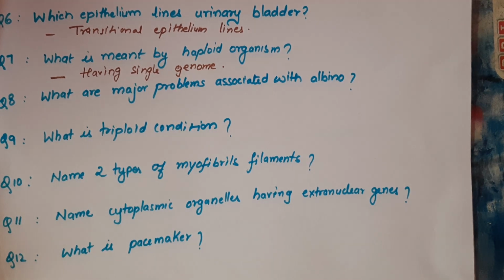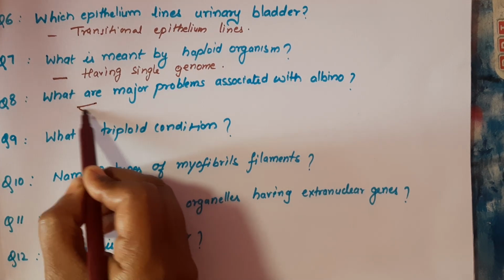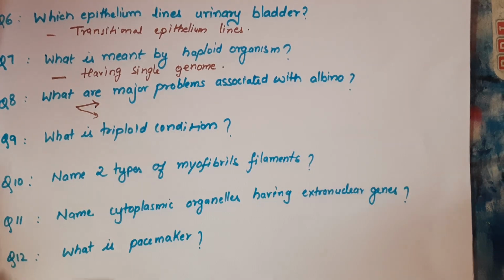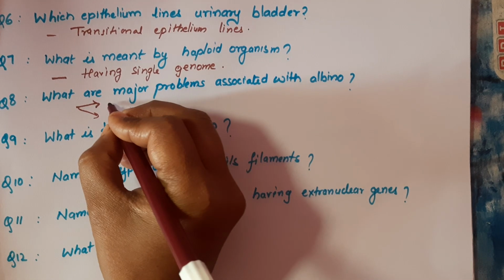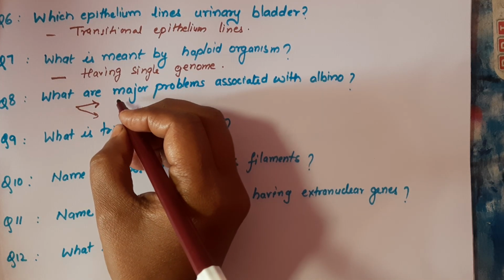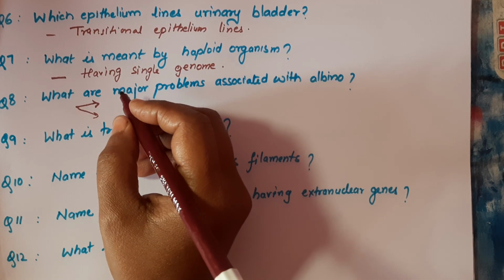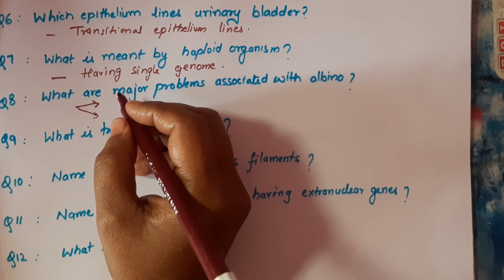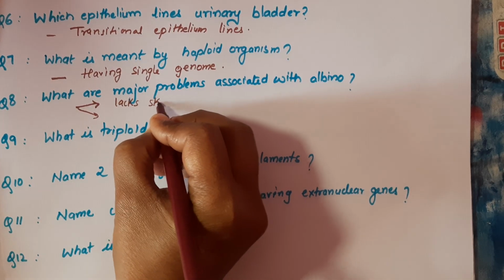The next question is, what are the major problems associated with albinos? The person suffering from albinism will have, first of all, unpigmented skin, meaning they will have white patches. The pigment is lacking, so it lacks skin pigment.